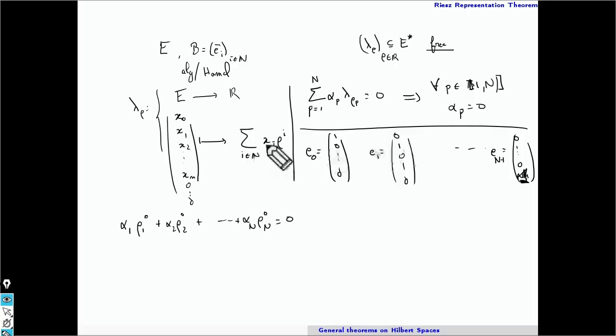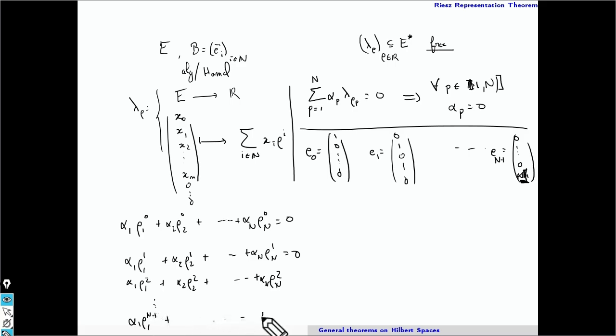If I evaluate on this vector, the first term is 0 and the non-zero term is alpha 1 ρ1 power 1, plus alpha 2, ρ2 power 1, and so on, plus alpha n, ρn power 1. Similarly, next term, alpha 1, ρ1 power 2, plus alpha 2, ρ2 power 2, and so on, alpha n, ρn power 2, equals 0. We stop at power n minus 1: alpha 1, ρ1 power n minus 1, plus, and so on, alpha n, ρn power n minus 1.